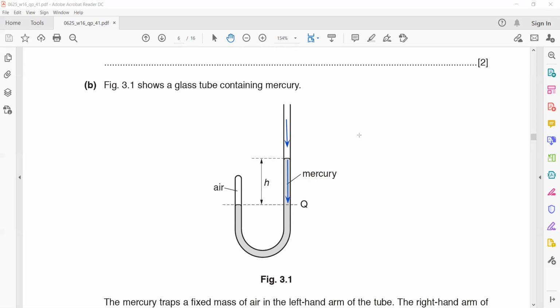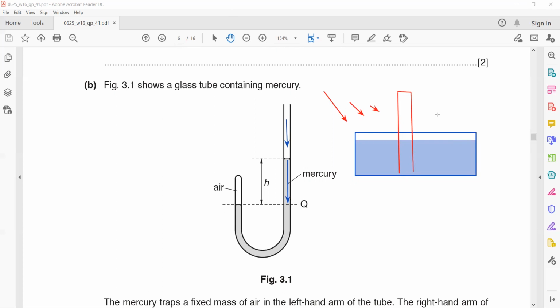In a mercury barometer, you take a container, and because of the pressure of the atmosphere, the mercury will rise in this tube. So how much the mercury rises in the tube is proportional to the pressure applied on the surface of the mercury.